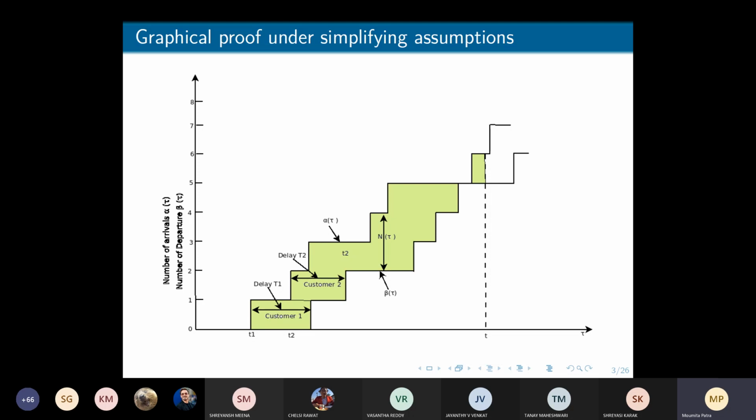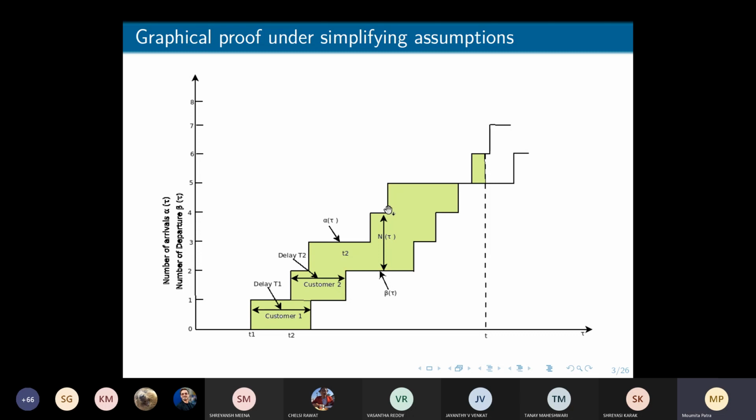We had the representation given just in the previous slide. So for customer 1, the time spent in the system is given by this, because the arrival is here and then there's the departure. Similarly, for customer 2, you have an arrival here, then the departure. So this is the time that customer 2 spends in the system.